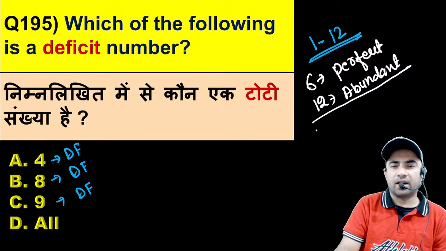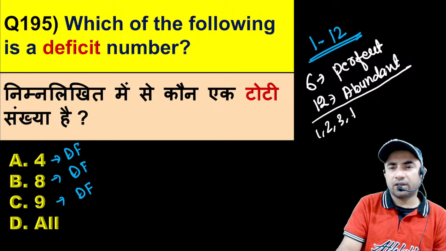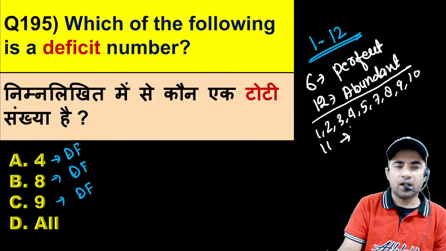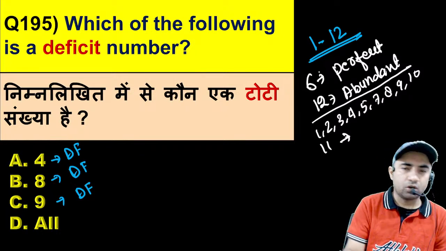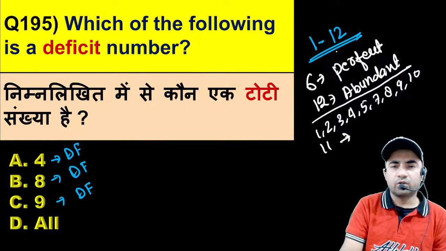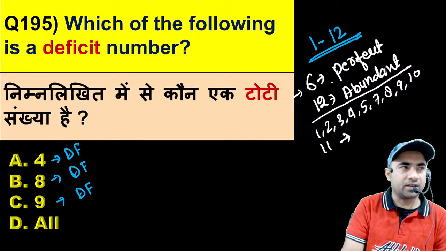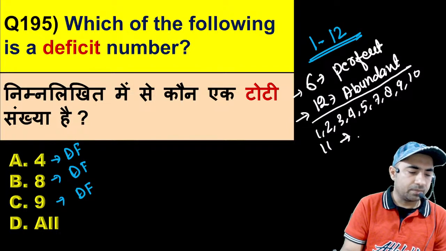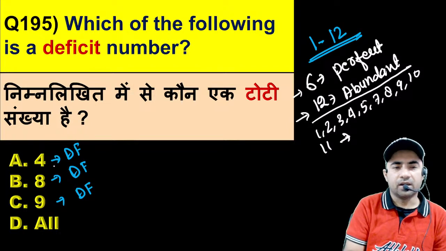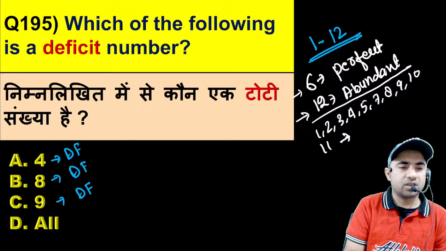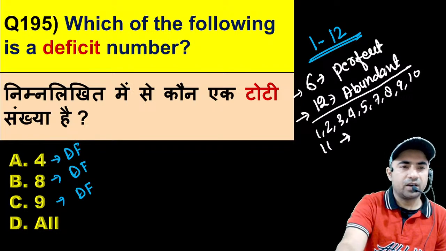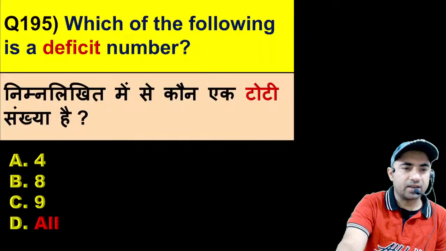All other numbers, like 1, 2, 3, 4, 5, 7, 8, 9, 10 or 11, are all deficit numbers. So 4 is deficit, 8 is deficit, and 9 is also a deficit number. So the correct answer of question number 195 is all.